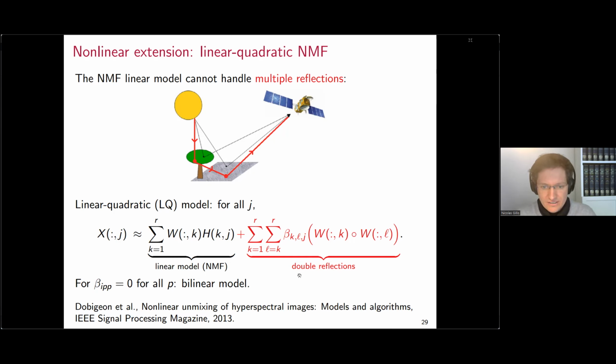Of course, it's much more complicated to estimate these parameters W and H, but it works better in applications, in particular if you have three-dimensional scenes, like if you have trees or buildings, because you have these multiple reflections.